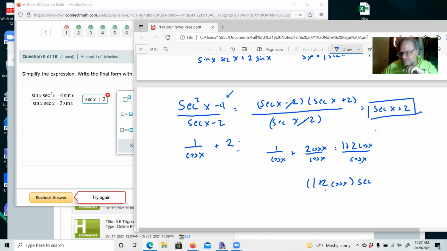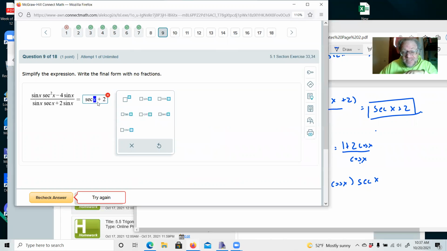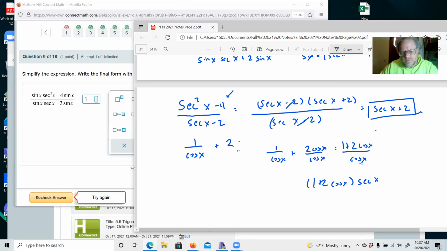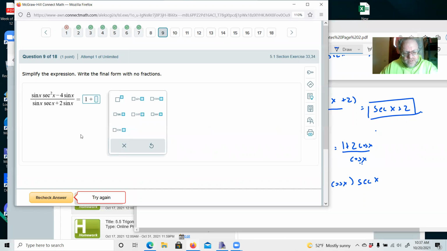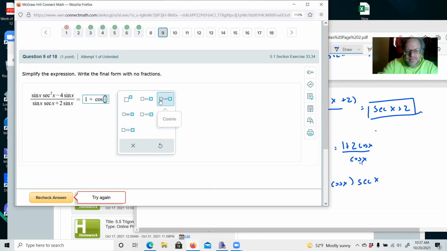Cosine x is really 1 over, or 1 over cosine is really 1 over secant, is really secant. So maybe they want this. Okay, so this was what? 1 plus 2 cosine x.